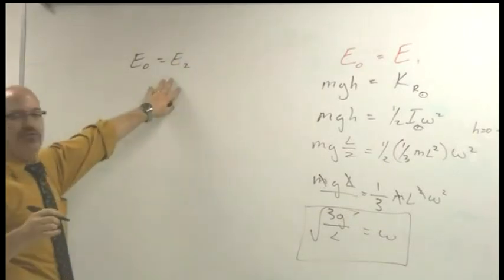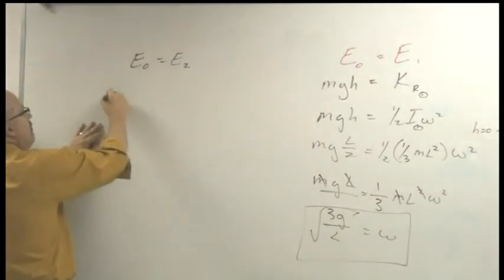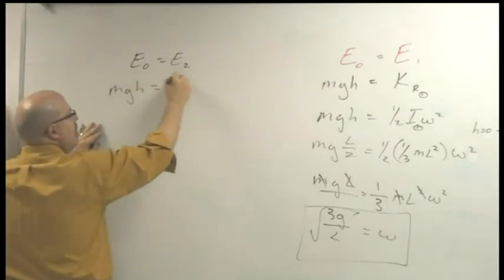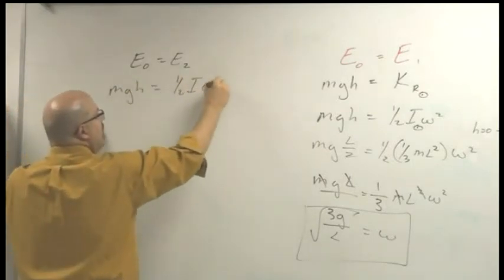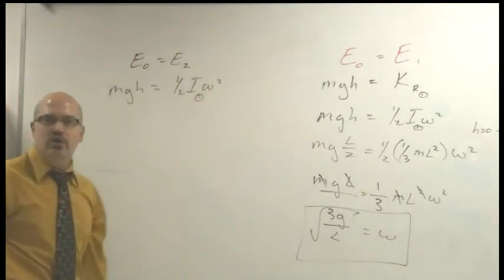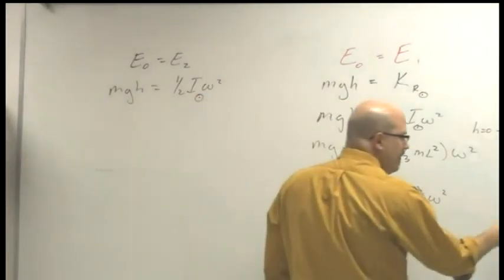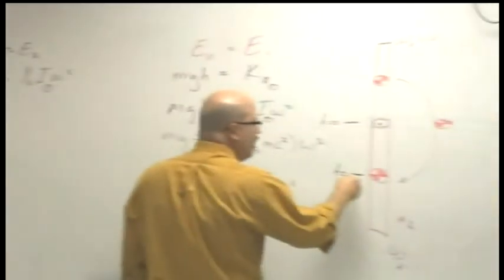I'm going to use the top to the bottom, and I'm going to do mgh equals 1/2 I omega squared. But I'm going to have a new location for my 0 point. I'm going to call this my 0 point now.